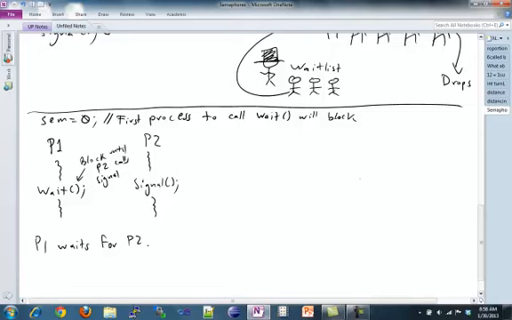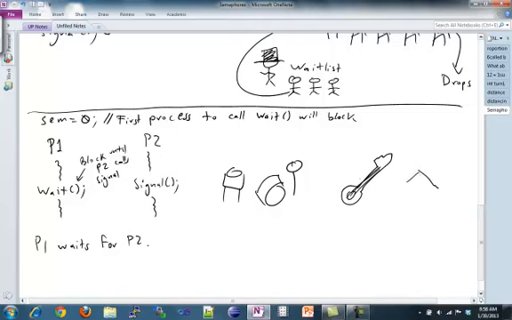Suppose you have a music concert, and you're going to be playing in your concert, and you have all your instruments, I don't know, guitar and a keyboard.